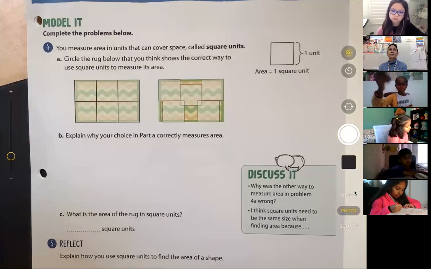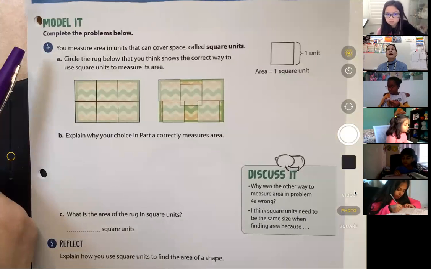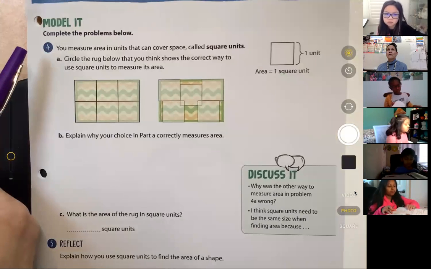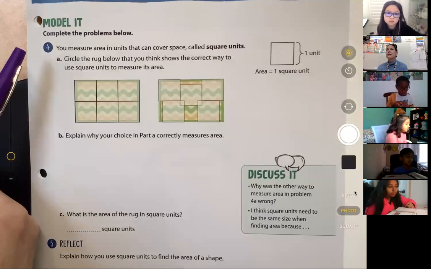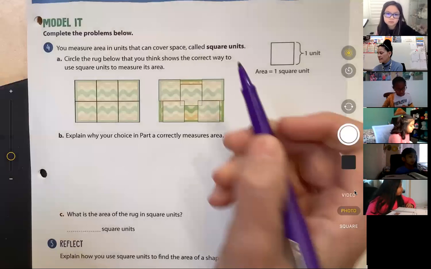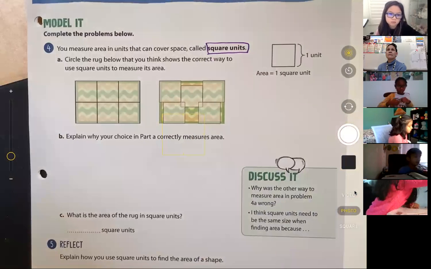Number 4, again, here up at the top. This is very important. You measure area in units that can cover space, called square units.